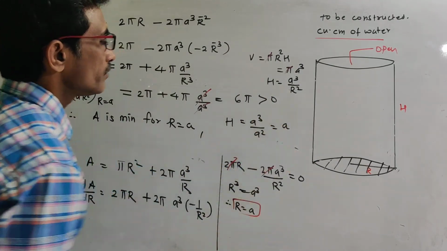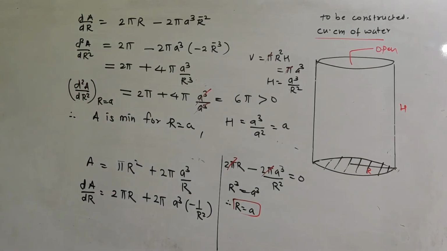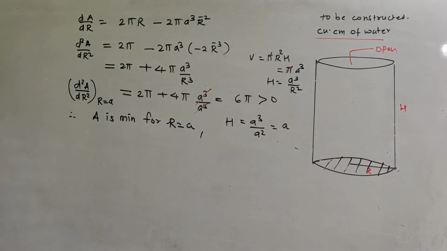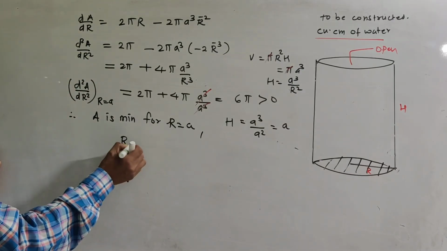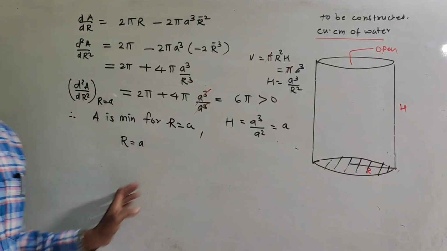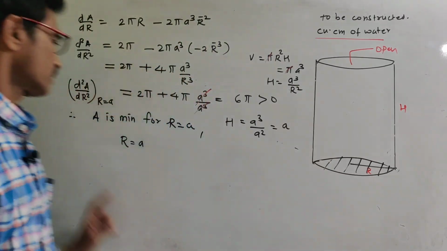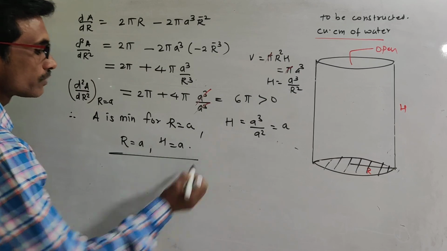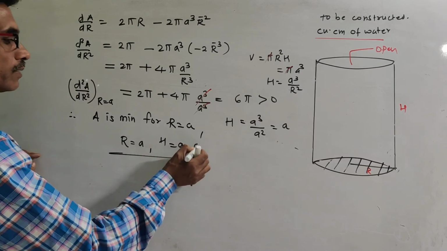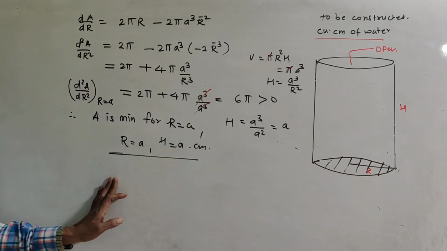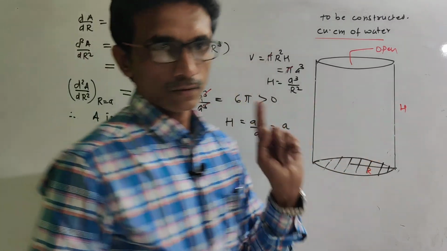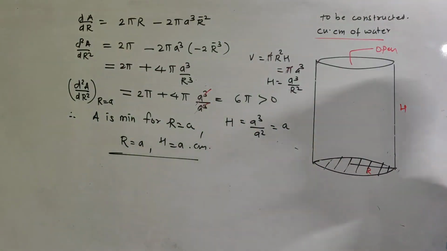So again we are getting a. Therefore the radius of the base is equal to a, and the height h is also equal to a centimeter. So this is the required answer: the radius of the base and the height of the tank, so that the metal sheet required is minimum.